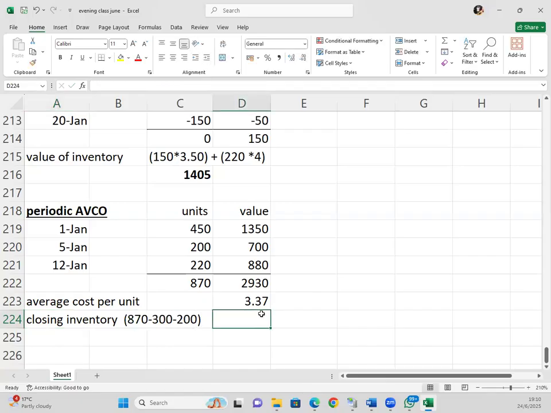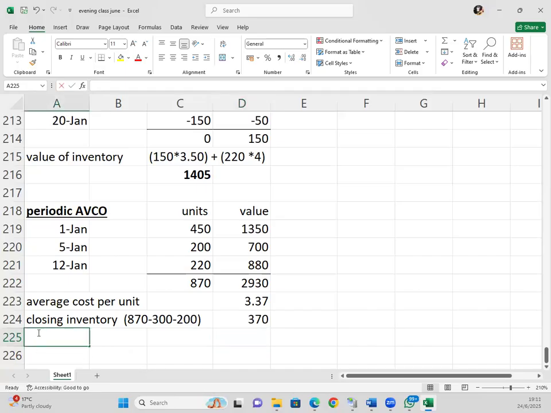You had 870, you sold 300 and 200. 870 minus 500, so now you have 370 units. We have 370 units, but the average cost for each unit is 3.37.